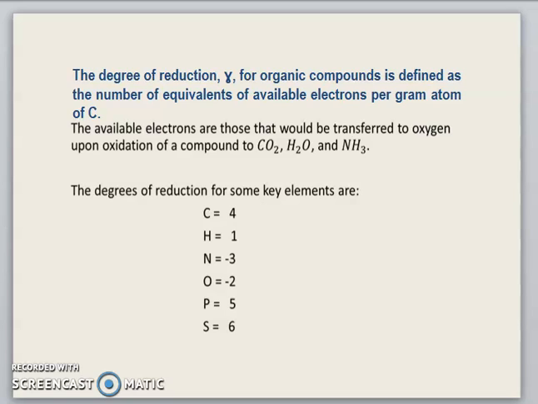So the degrees of reduction are shown here based on the element. For carbon, C is equivalent to 4, H is 1, N is negative 3, O is negative 2, P is 5, and S is 6.